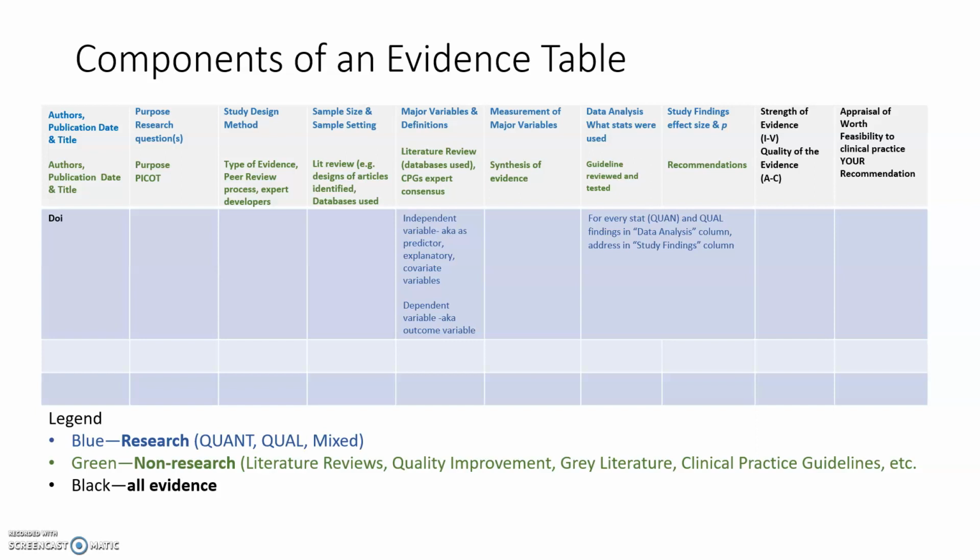It doesn't matter in the end what you use to measure the strength of evidence and the quality of evidence. We like to use the Johns Hopkins evidence rating tool here, but AACN has one, and there are others utilized as well. But no matter what, you choose one and you stay consistent, and it's always good to put it at the end of the evidence table so your readers know exactly how you are rating the evidence.